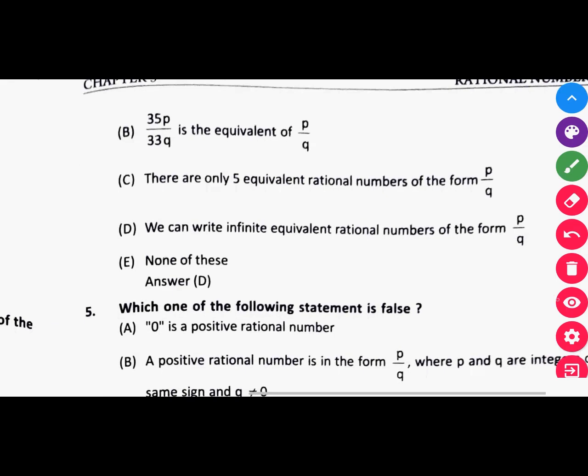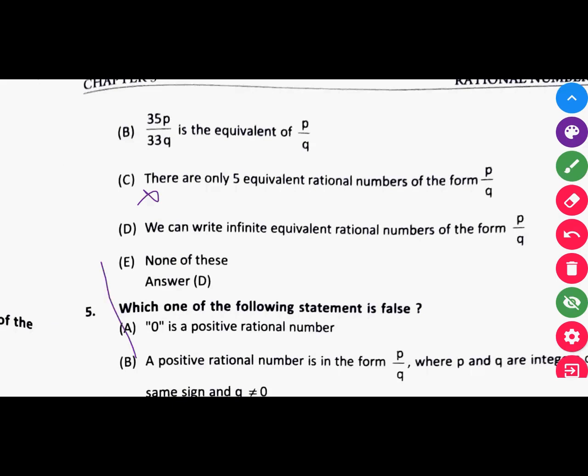This is also false, because we get innumerable, that is uncountable, equivalent forms of the rational number. Okay, so we can write infinite equivalent rational numbers of the form p and q is the correct answer, the true statement.